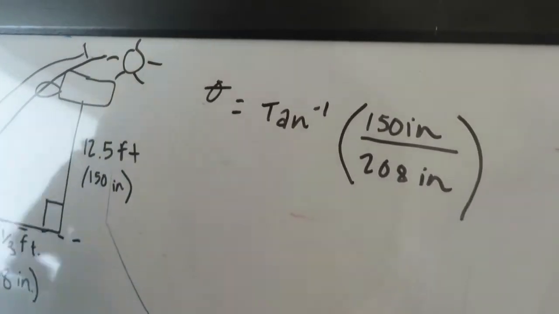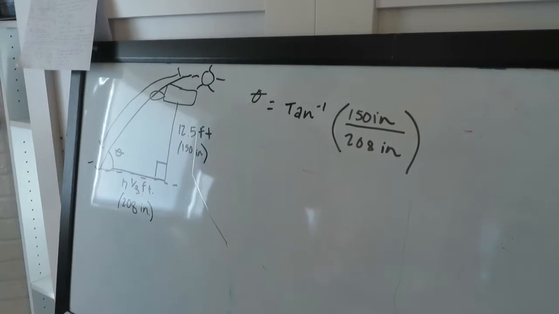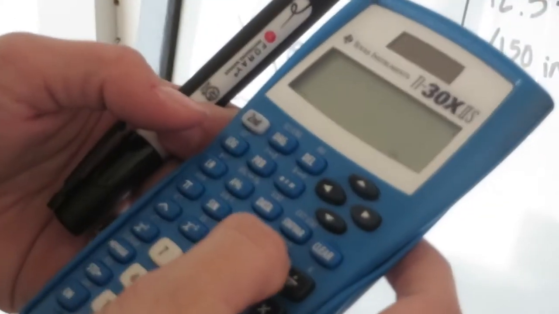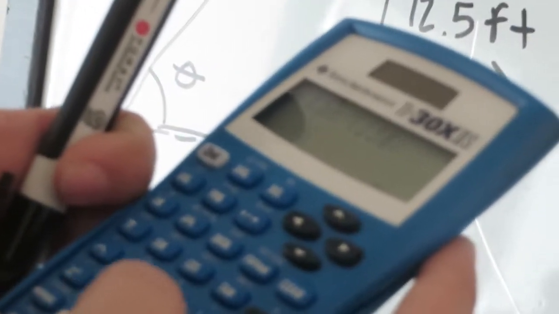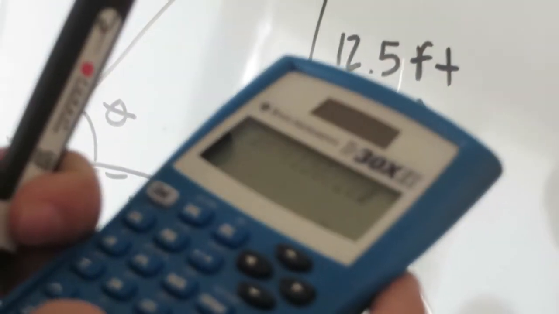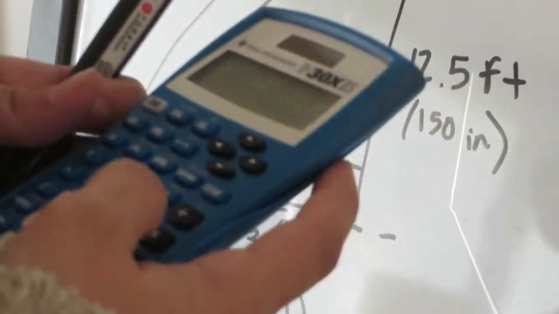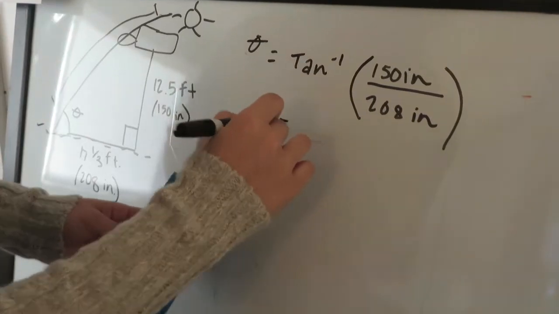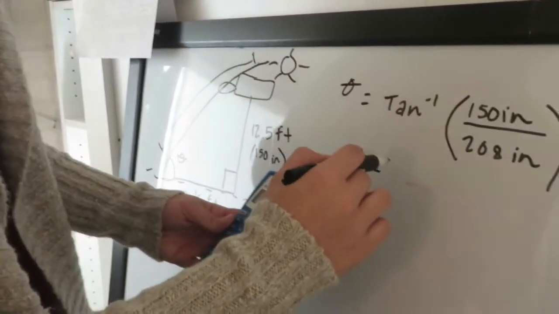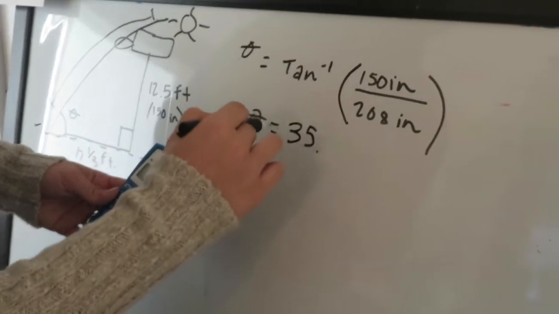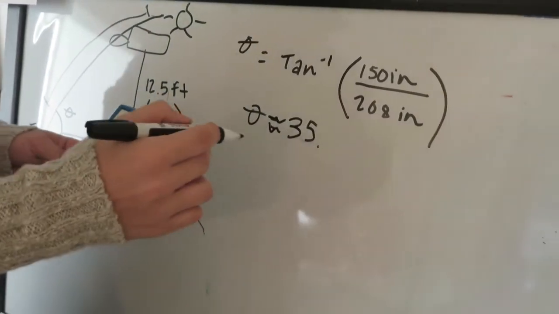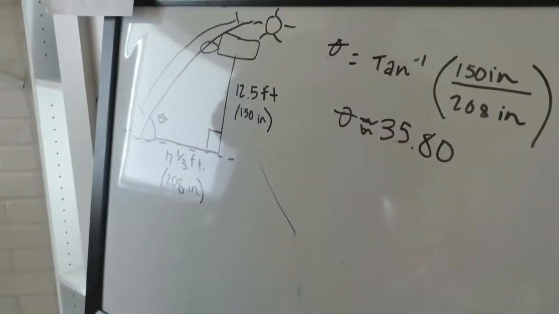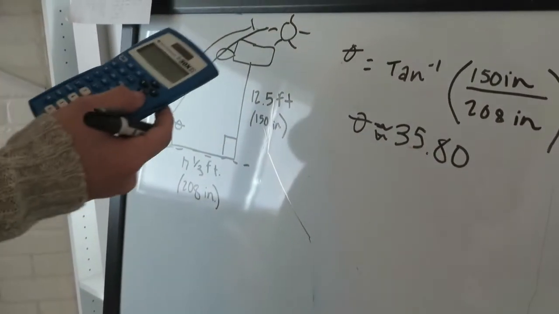You're going to enter that into your calculator as inverse tan 150 divided by 208, and that's going to give you approximately 35.80. Alright, so that's how you do that problem.